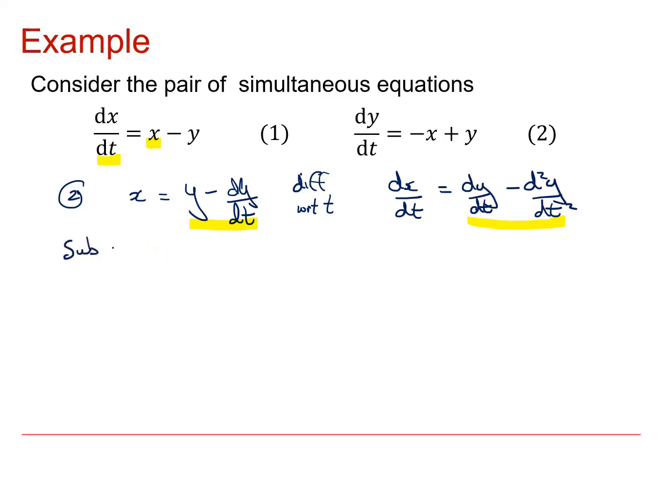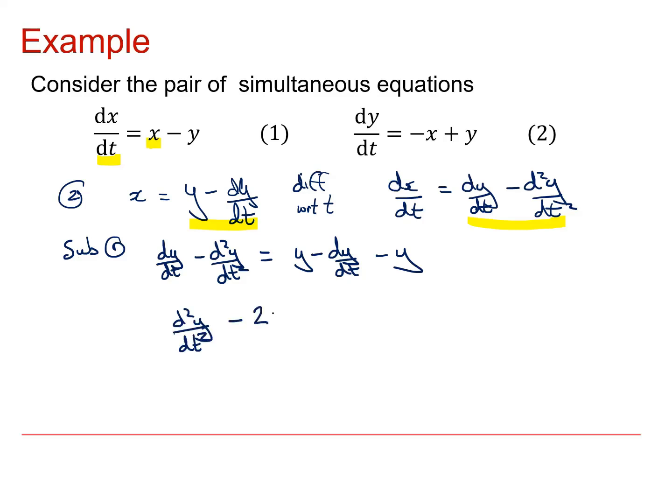So if we substitute into 1, we get dy by dt minus d2y by dt squared equal to x, which is y minus dy by dt, minus y. If we rearrange that, I get d2y by dt squared minus 2 dy by dt is equal to 0.